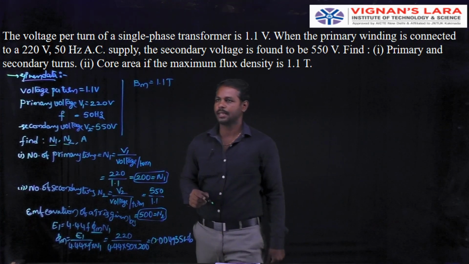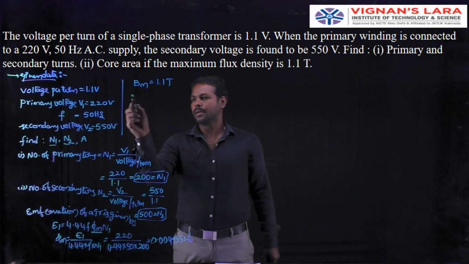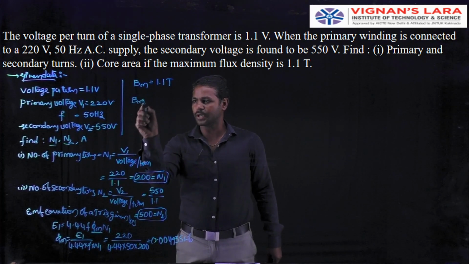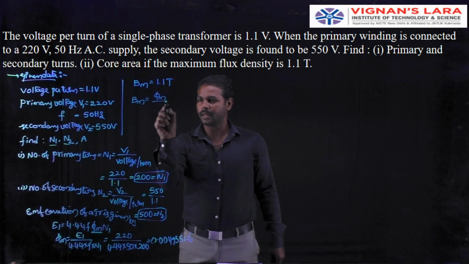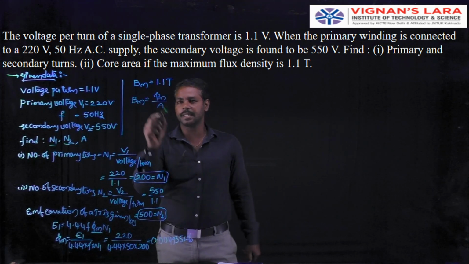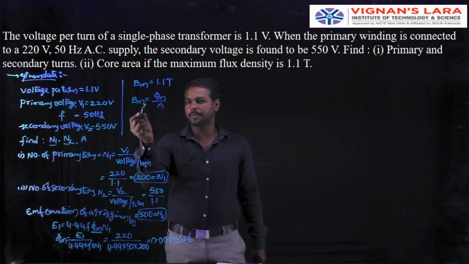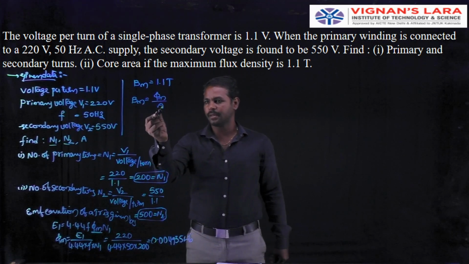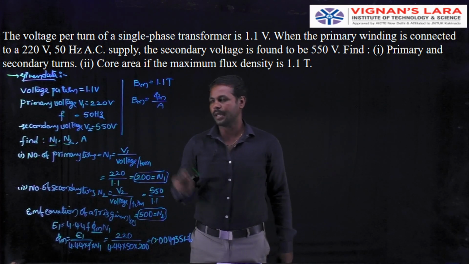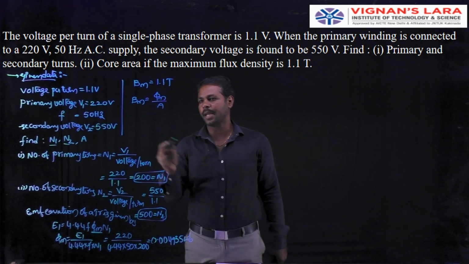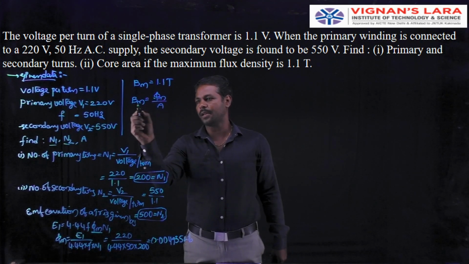Bm is equal to 1.1, and Bm is equal to phi m divided by A. So flux density is flux per unit area, that is, the maximum flux divided by the area of cross section of the transformer. So Bm is equal to phi m by A. Phi m is a known value, Bm is a known value, and A is the core area.